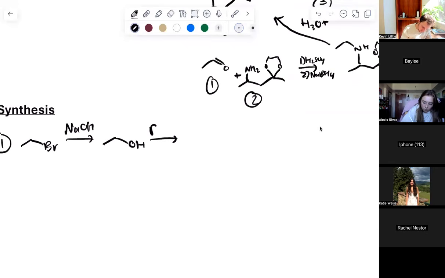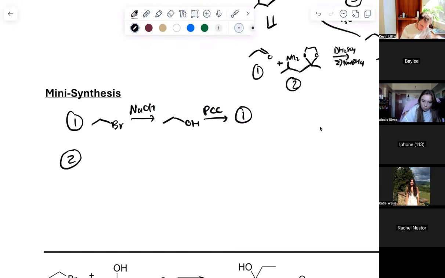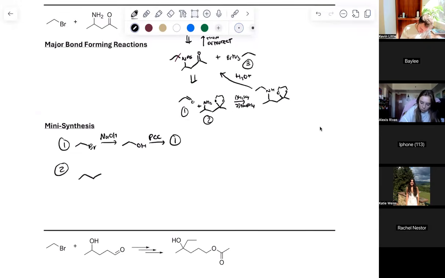Then PCC gets me to 1. 2, I've got this starting material, which I can protect, which gets me to 2.